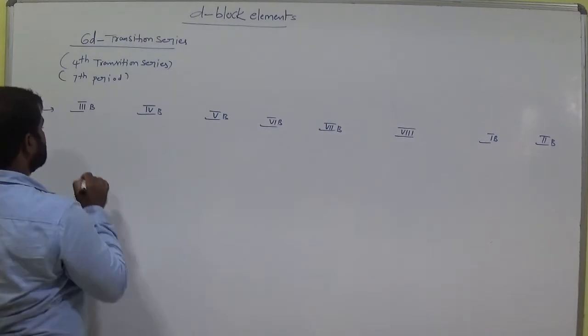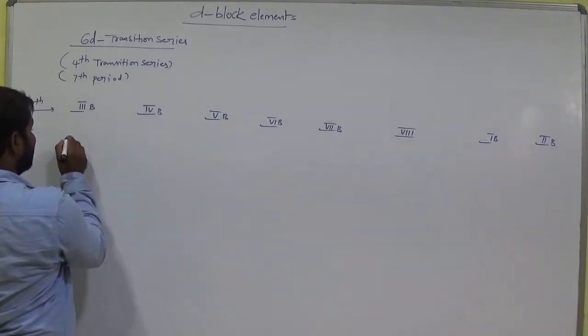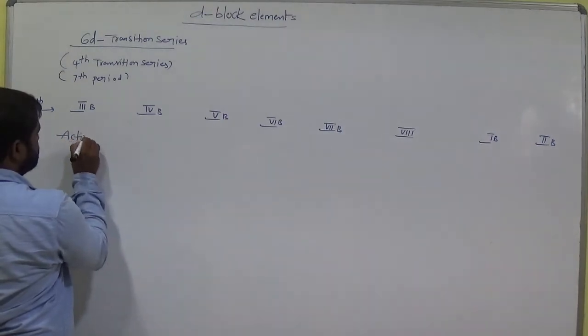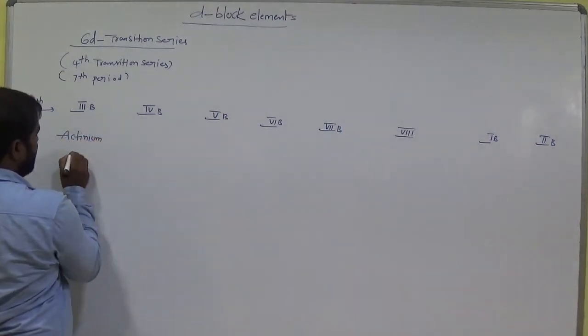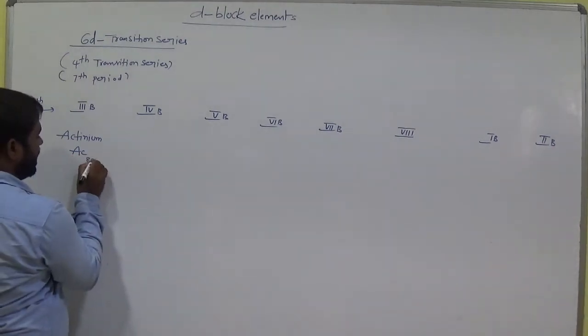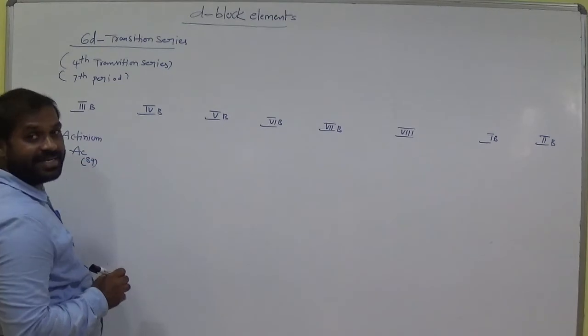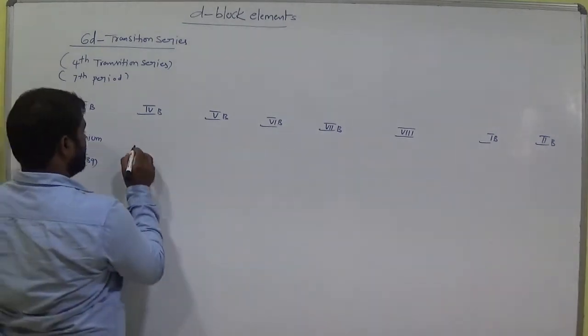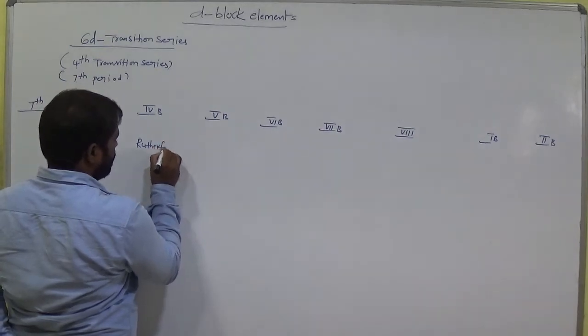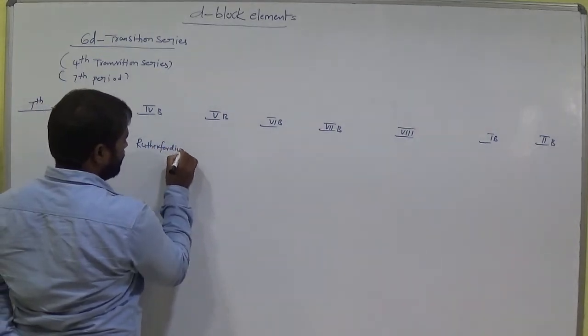Remember this. The first element here is actinium. Its symbol is Ac and its atomic number is 89. Actinium. And after actinium, Rutherfordium.